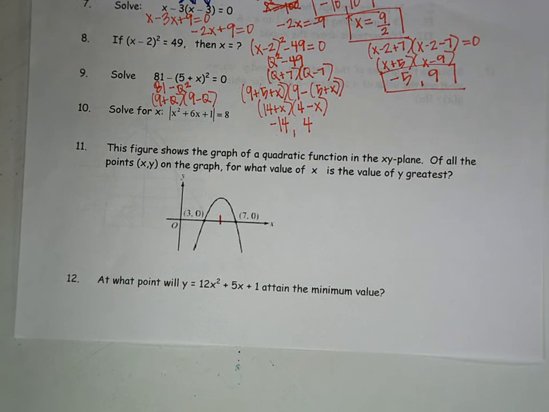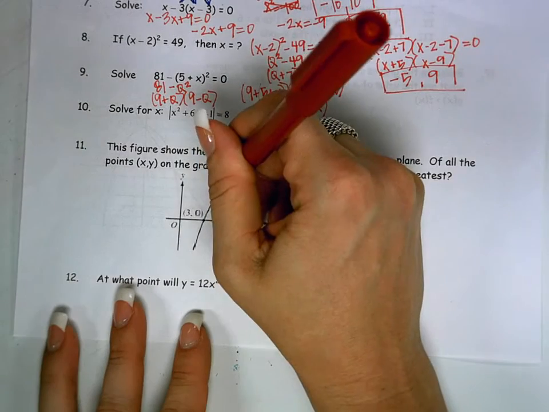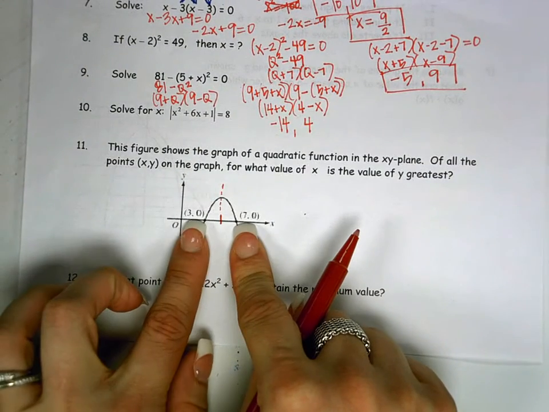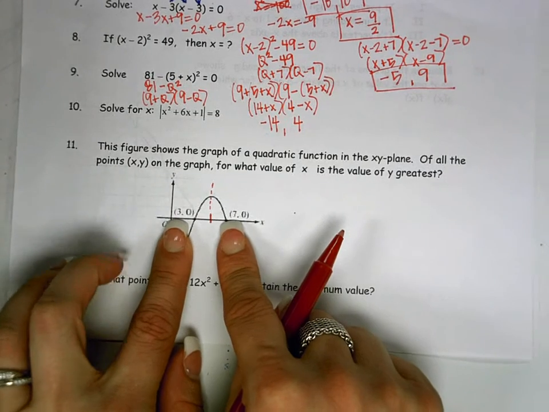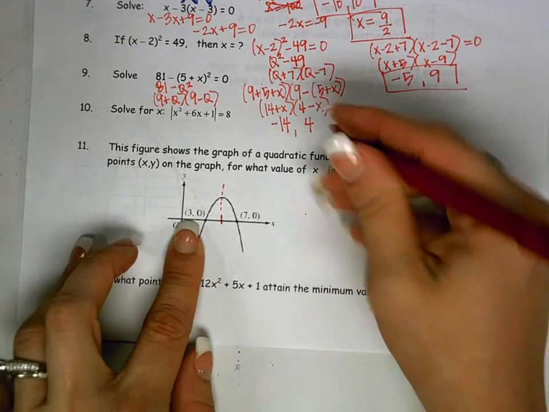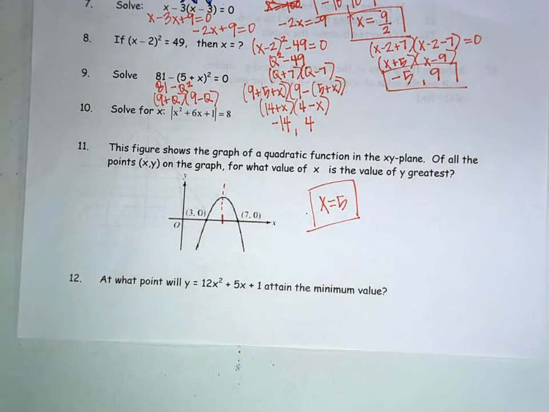How do I tell? Line of symmetry would be there. You're looking at the middle. The vertex has to be exactly between 3 and 7. Therefore, what is the value of x? 5. So this is some critical thinking, kind of.